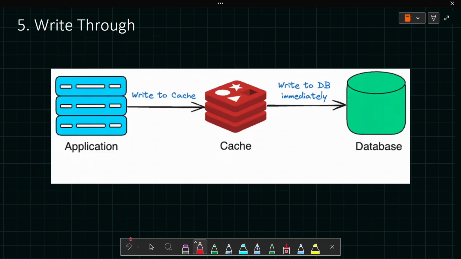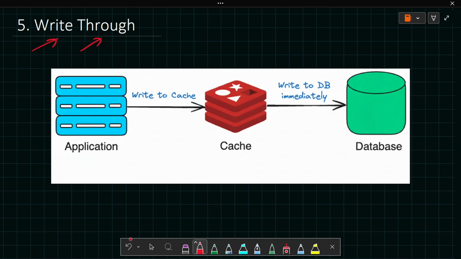Now let's talk about the write through cache as well. Let's discuss another strategy of the cache. In the write through strategy, every write operation is executed on both the cache and the database at the same time.